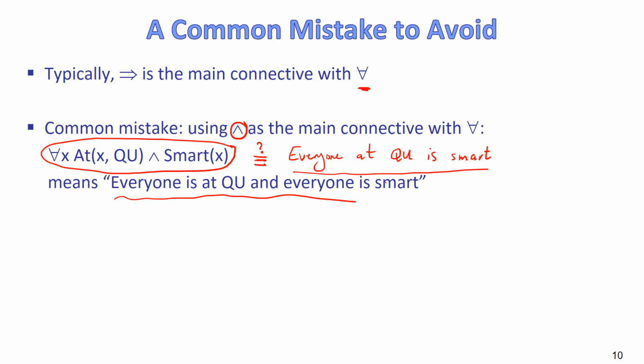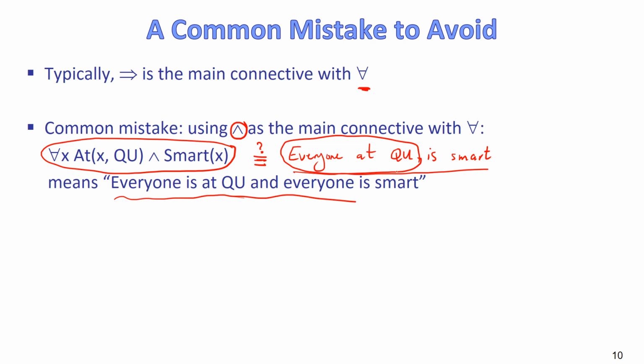So this means that everyone in the world is at QU and everyone in the world is smart. That's different from saying everyone at QU, so that's kind of a condition here, is smart. So whoever is at QU is smart. These two things are of course different.